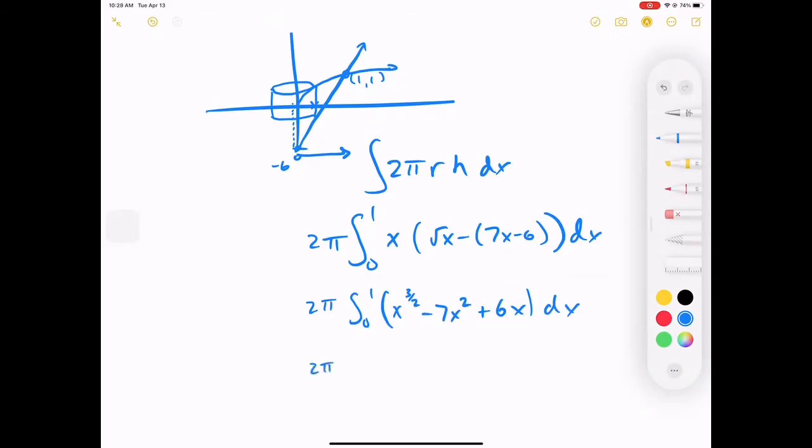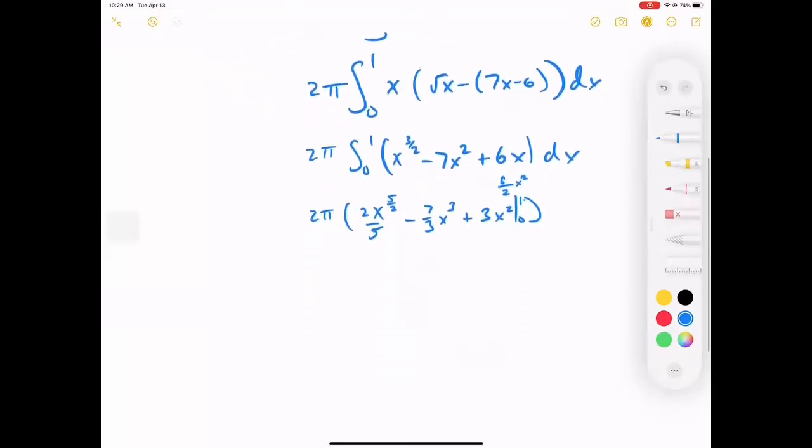2 pi. If we take the integral of this, it is x to the 5 over 2, which is 2 over 5, minus 7 over 3 x cubed, plus 6 over 2 x squared, right? So I'm just going to write 3x squared. And then we're going to plug in 1 and 0. If I plug in 0, it's not going to matter. So it's just 2 pi times 2 over 5 minus 7 over 3 plus 3.